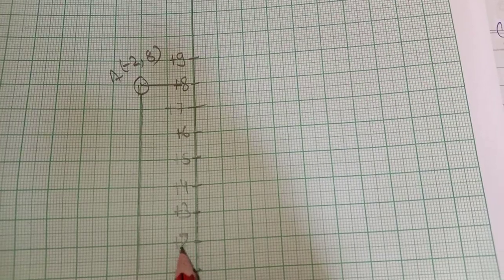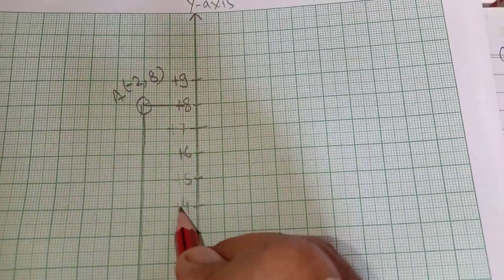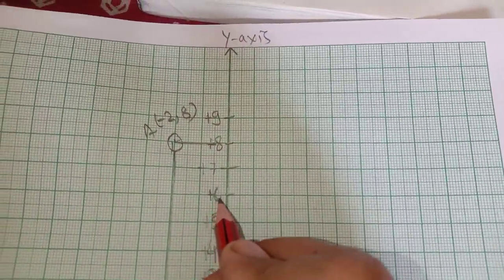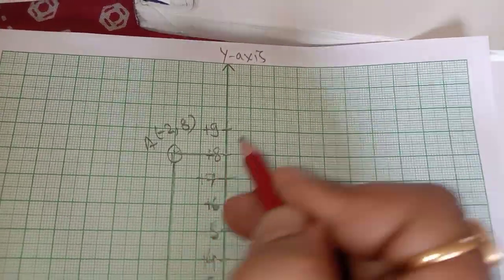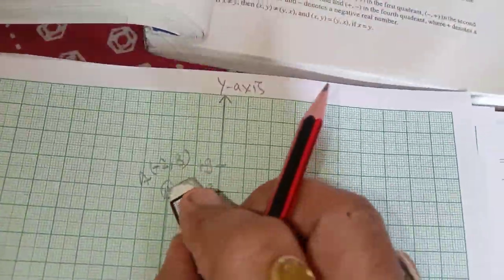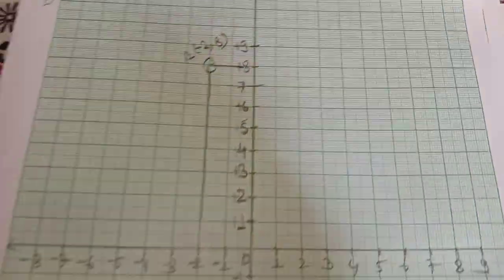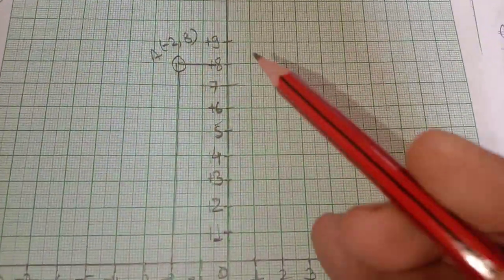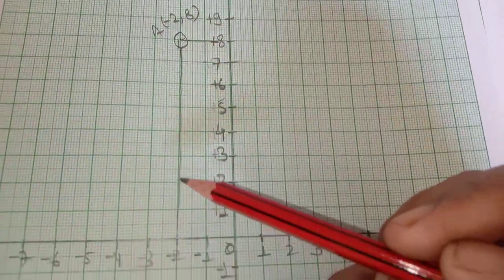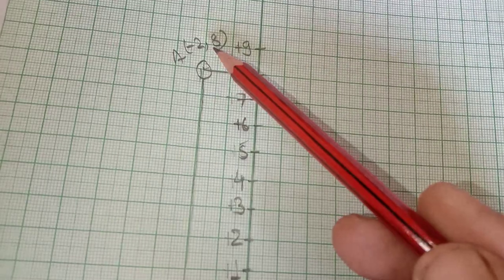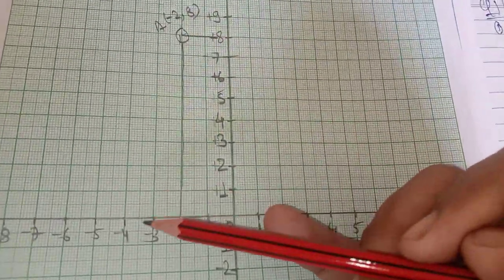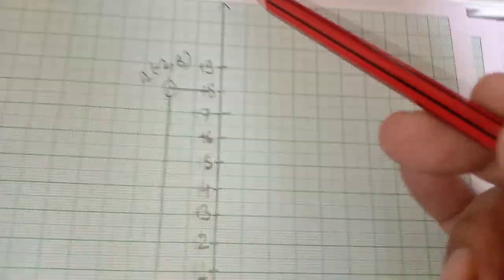Just write the numbers 1 2 3 4 5 6 7 8 like this. These two sides are plus and these two are minus. So A is -2, 8, our first location: -2 lies on the x-axis and 8 lies on the y-axis.